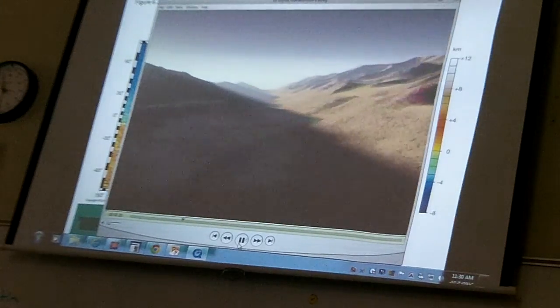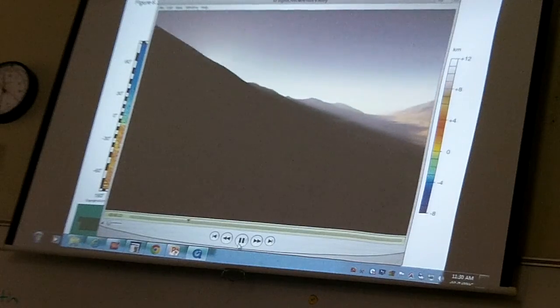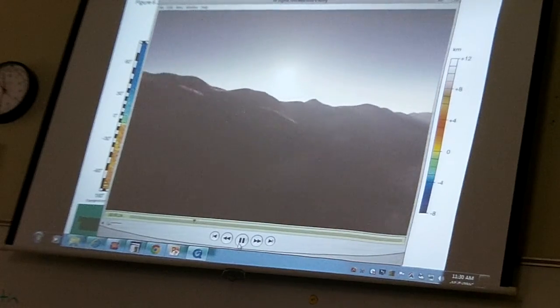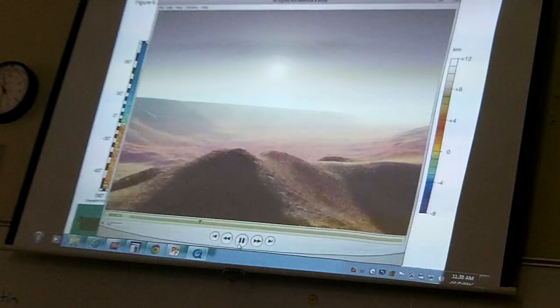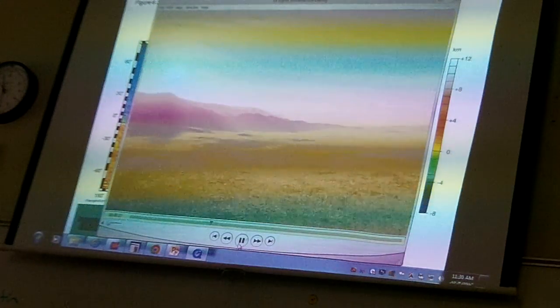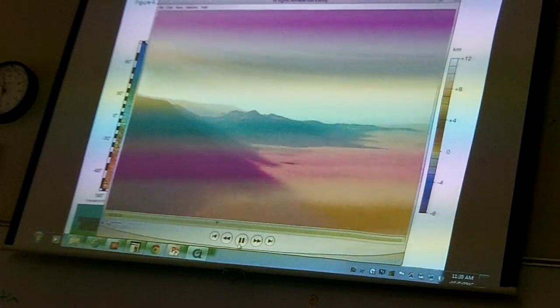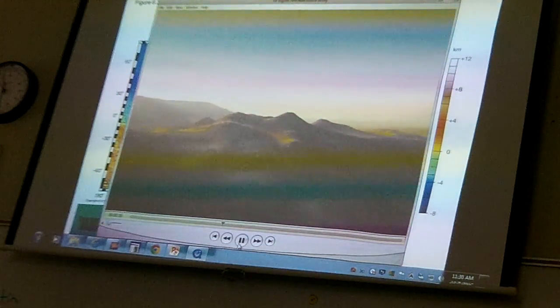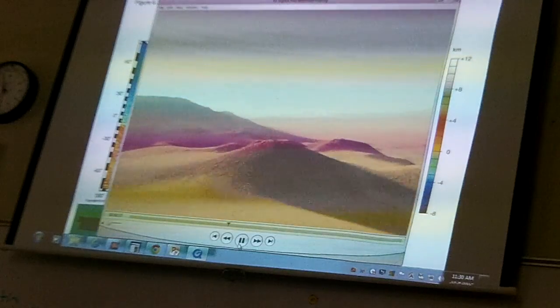It's amazing what computers can do now. People are actually exploring Mars virtually with 3D glasses, walking around and looking at it inside a computer. The satellites that orbit Mars can get real detailed.